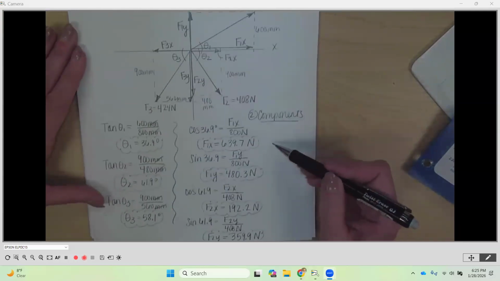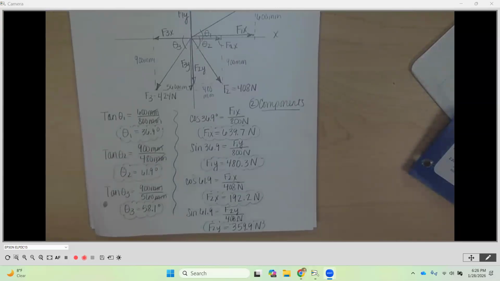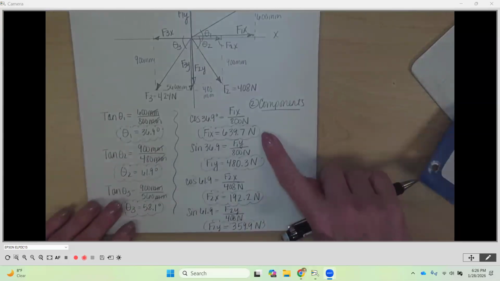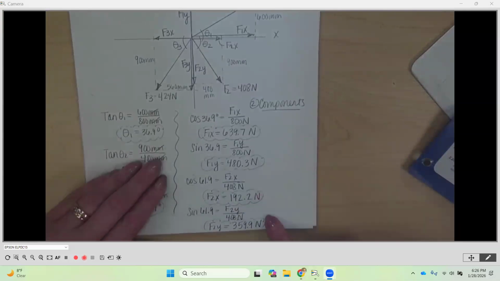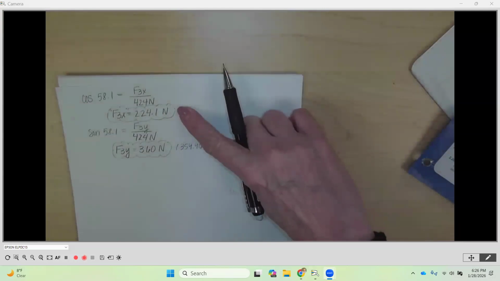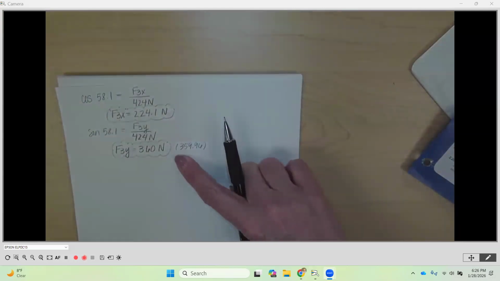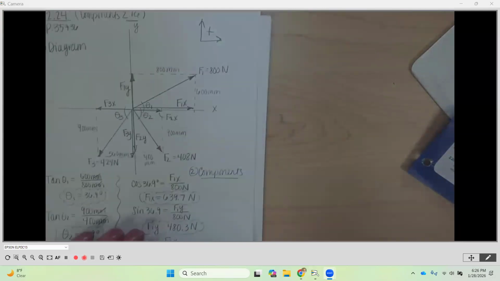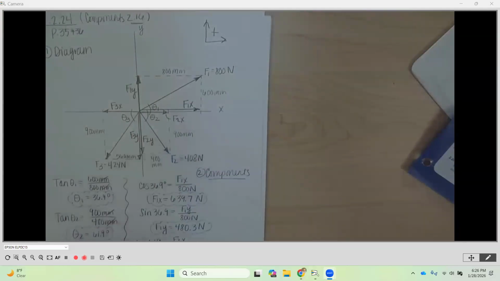And then we added the components last time. So we went through and we figured out F1X, F1Y, F2X, F2Y, and then on the next page, I have F3X and F3Y. Now that we have everything along the X and Y axis and we have all the magnitudes figured out, we're ready to sum our forces along each one of those axes to find the resultant X and Y components.